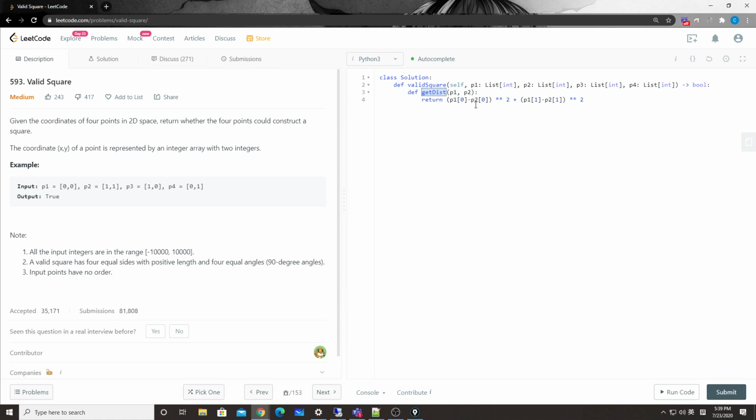As you guys can see, the input integer is within 10,000, so there won't be any overflow of the integers. That's why we can use a squared version of the distance to represent each distance. So the first version is we're going to do a sort, right?